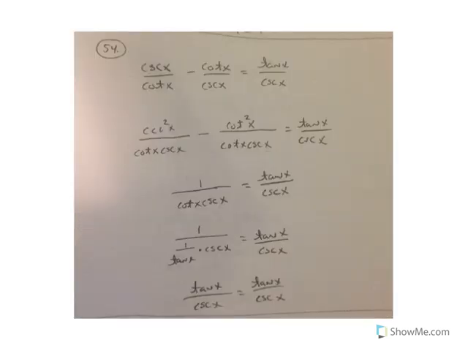Number 54. One thing you could do to start is to get common denominators. So we need to have a denominator that has a factor of cotangent in it. We also need to have a factor of cosecant. That's going to be our common denominator. And what did we do to the first fraction? We had a cotangent already, so we multiplied in a new factor of cosecant down bottom.